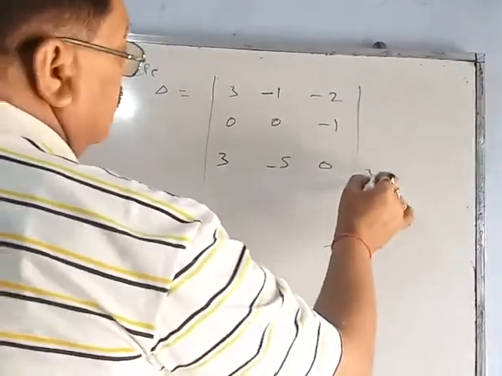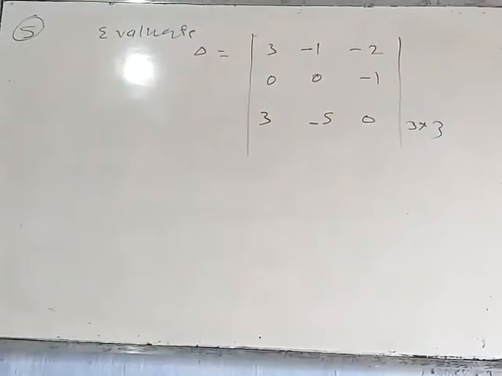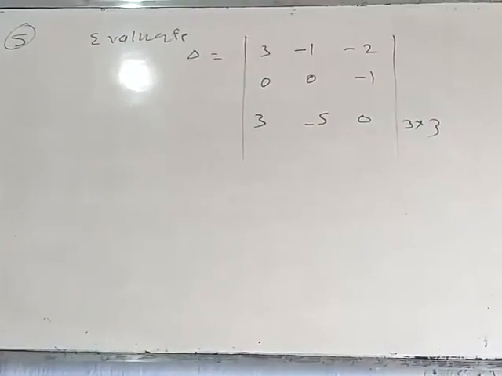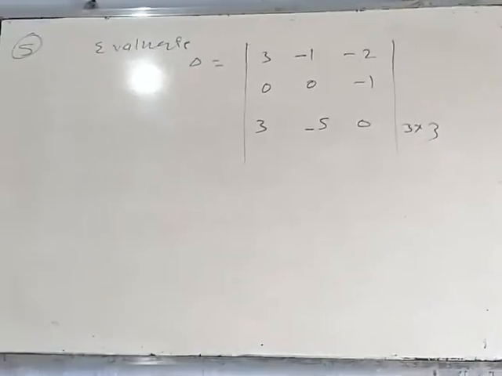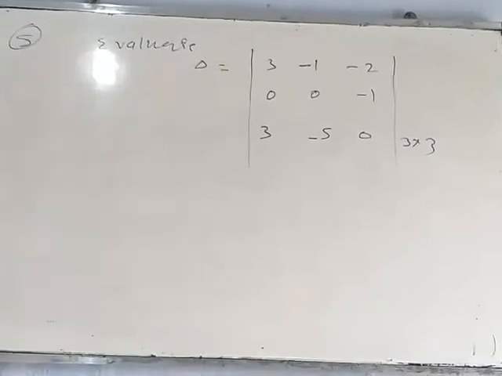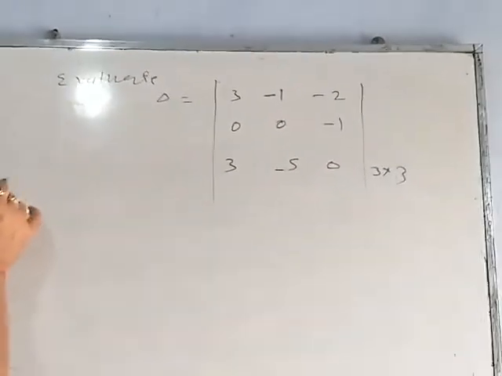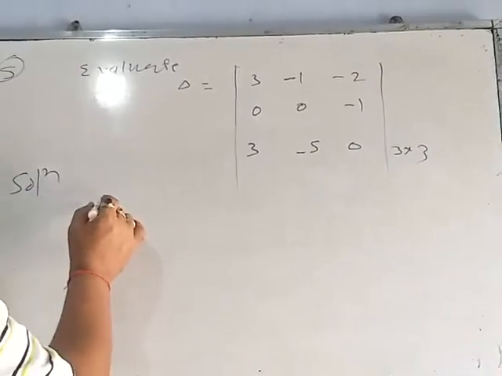It is an order 3 determinant. By any row or any column we can evaluate this, the value will be the same. It is easy to evaluate along the first column, so just follow the sign convention.